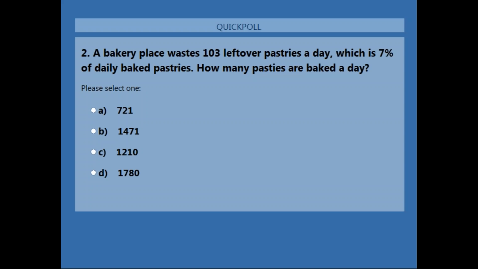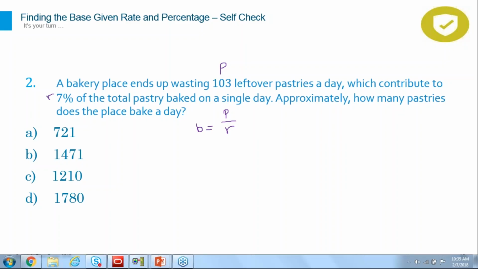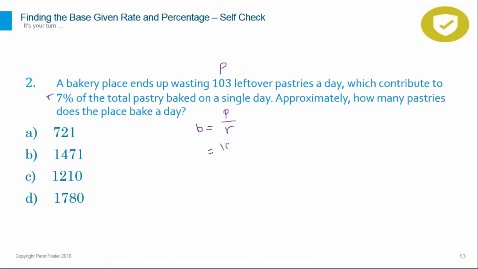Okay, let's do the problem together then. Again, B equals P over R. P is 103 and R is 7%. 7% is 7, and the decimal point for a whole number is always at the end of the number. Move it twice to the left, 1, 2. So the decimal point will be here, and then 0 will be there.